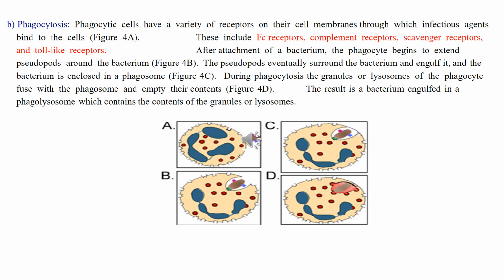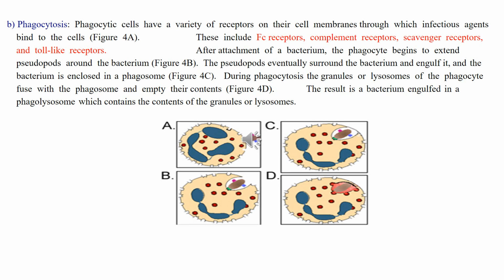the phagocyte begins to extend its pseudopods around the bacterium. The pseudopods eventually surround the bacterium and engulf it, and the bacterium is enclosed in the phagosome.